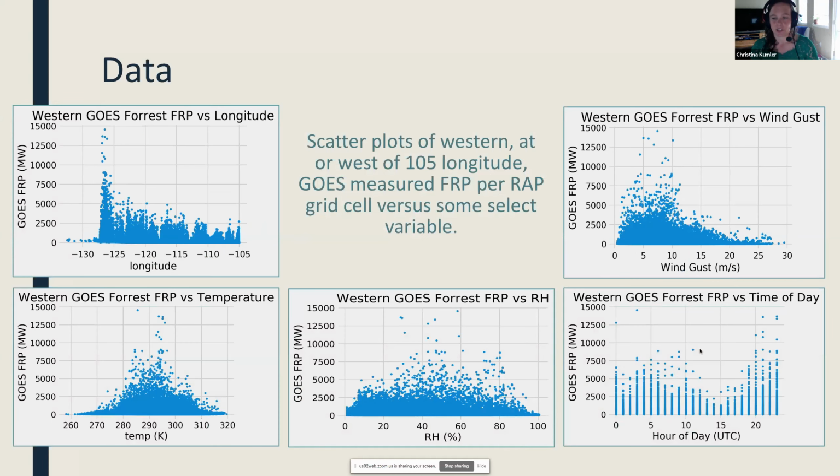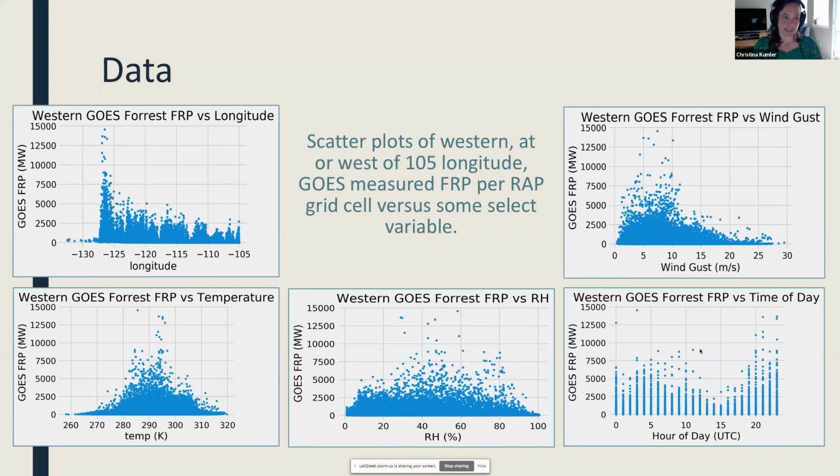This is another way of visualizing this data, except this happens to be over all FRP points from the GOES satellite in 2018 west of 105 longitude. And it helps us see where the relationships might lie, indicating if we should include a variable in our training. So on the left, you can very clearly see a relationship between longitude and FRP magnitudes.